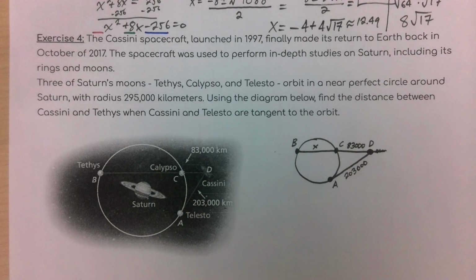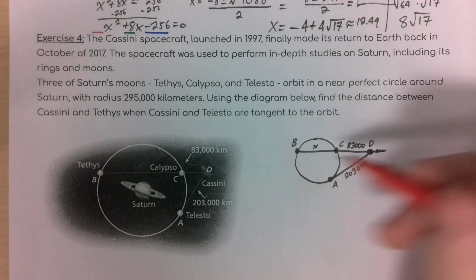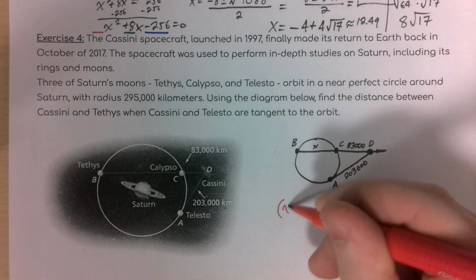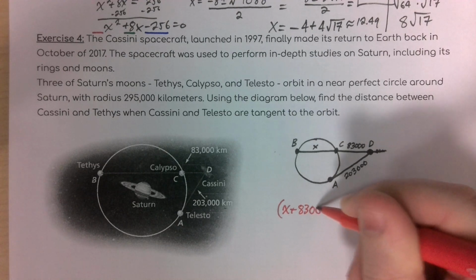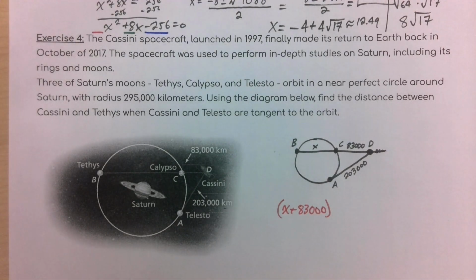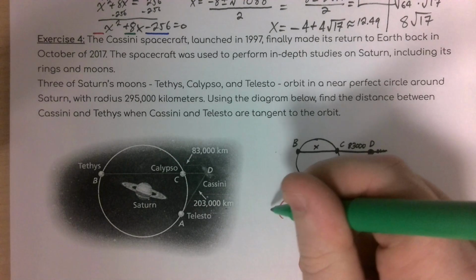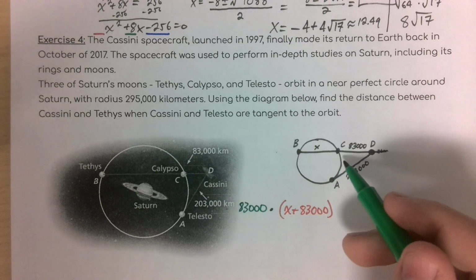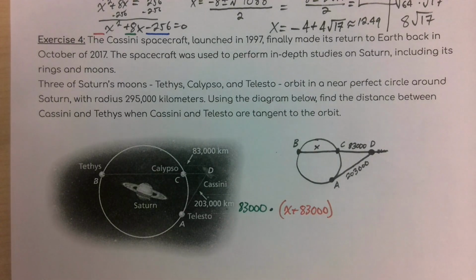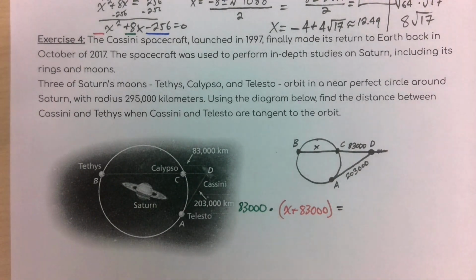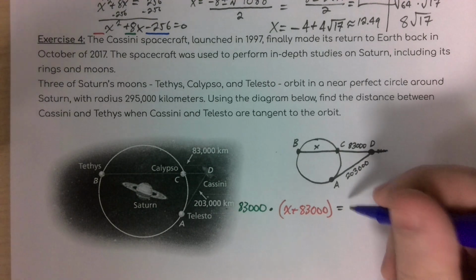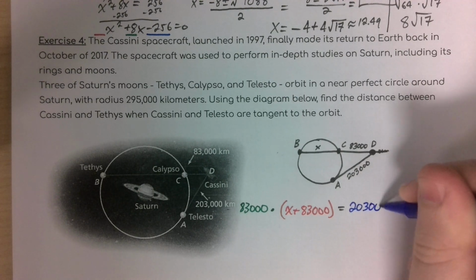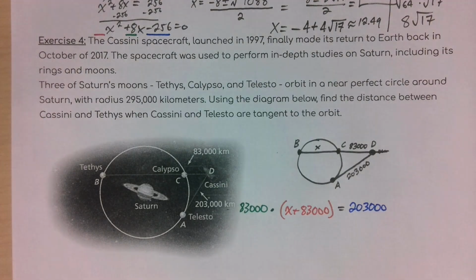So let's go through the rule. The rule is, take the entire secant, which is x plus 83,000, and multiply it by the external part of the secant segment. The 83,000 is the external segment. And that's going to equal your tangent segment squared, 203,000 kilometers.